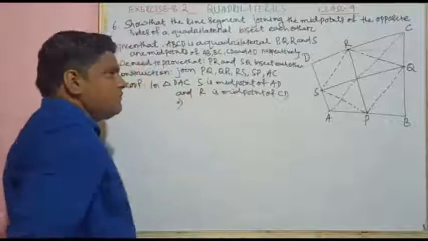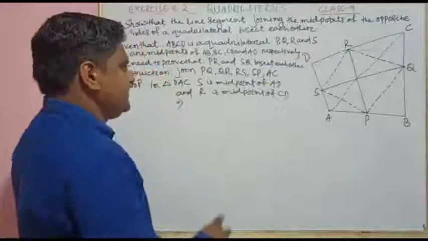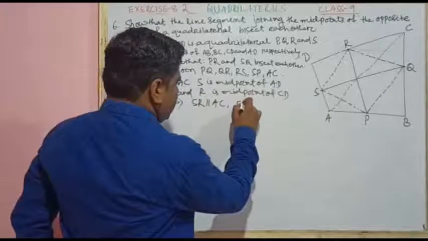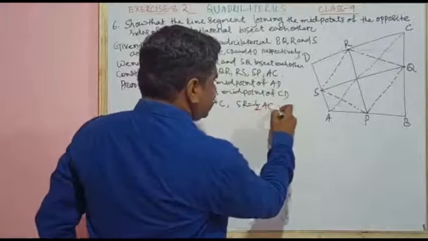So from the midpoint theorem, SR is parallel to AC, and SR is half of AC.